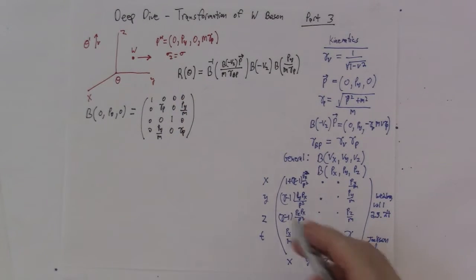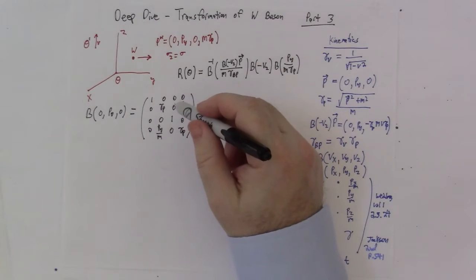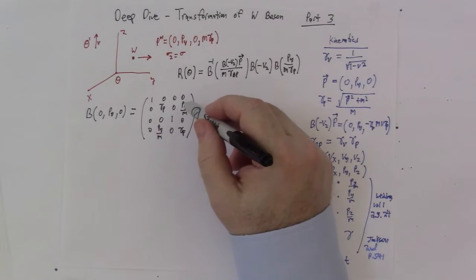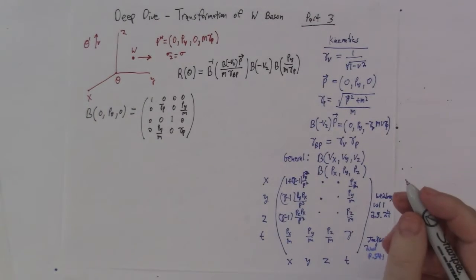So this really just comes from our usual equations, Lorentz transformations. Py over m is going to be like gamma v. So you might recognize this more in terms of gamma and gamma v, but I'm using momentum.